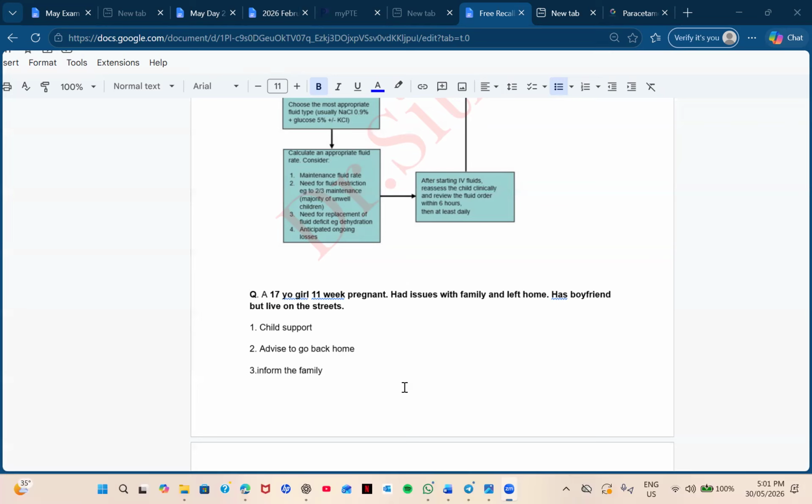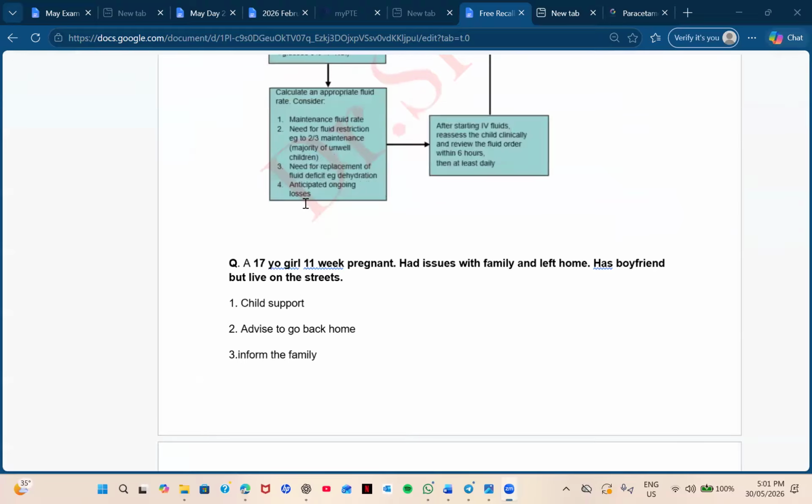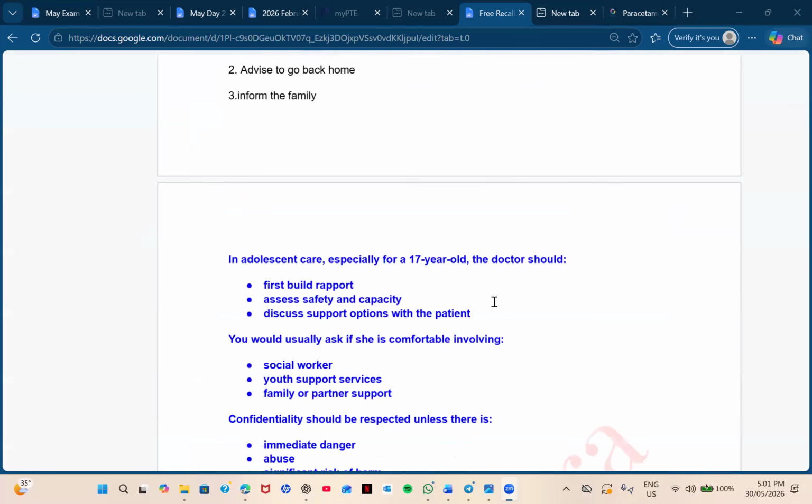How should you assess this kind of child? Because it's still a child, less than 18, right, doctors? The patient is 17, and she has her own capacity to make her decisions, right? So first of all, how should you assess this patient?